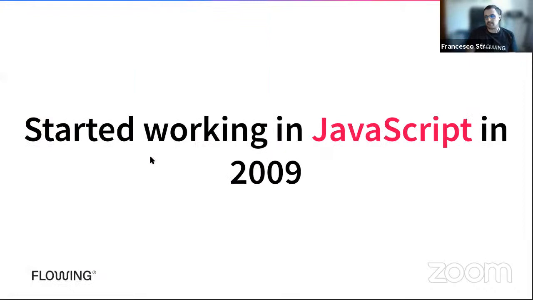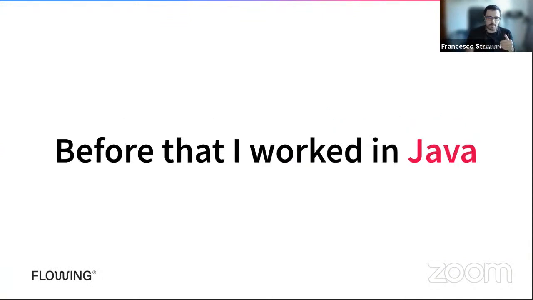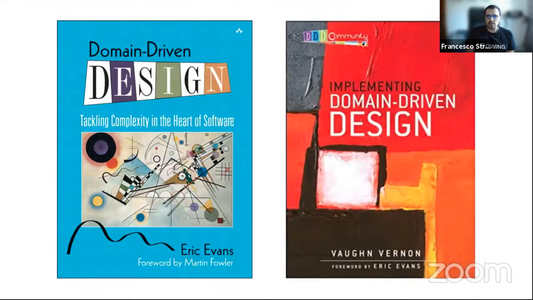Okay, so let's start. I started working in JavaScript in a front-end application in 2009. And before that, I worked for 6 or 7 years as a Java developer in the Java enterprise ecosystem at the time. So I always floated between these two worlds in the last 10 years.